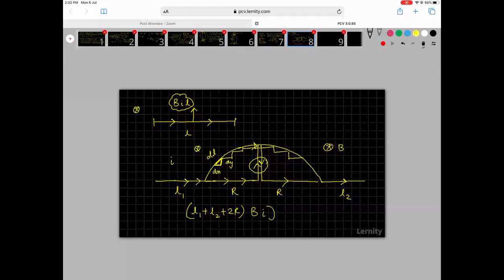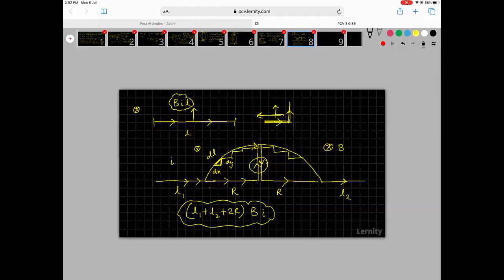So this is going to be the force acting on the wire. A force acting on the wire with a current in this direction is on this side. If the wire was going this way, the force would have been on this side. So along the x-axis, if the current goes, the force is along the y-axis. Along the y-axis, if the current goes, the force is along the z-axis.